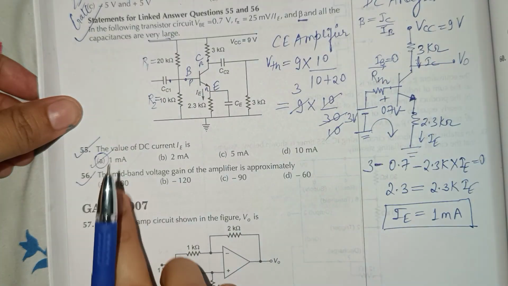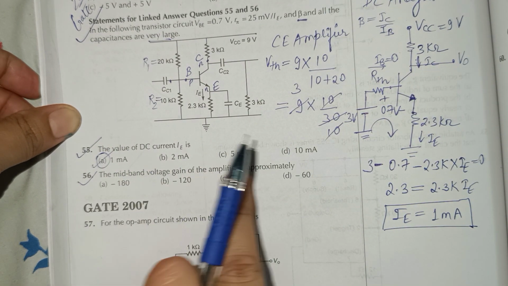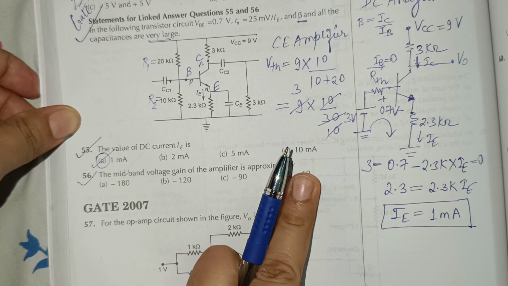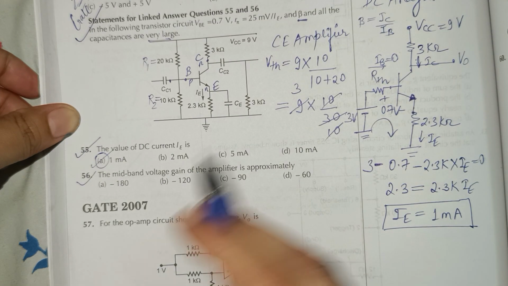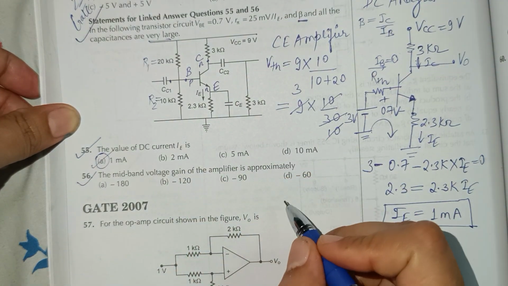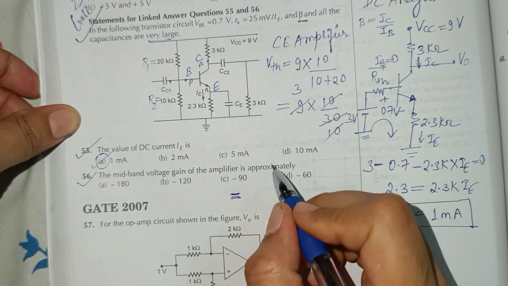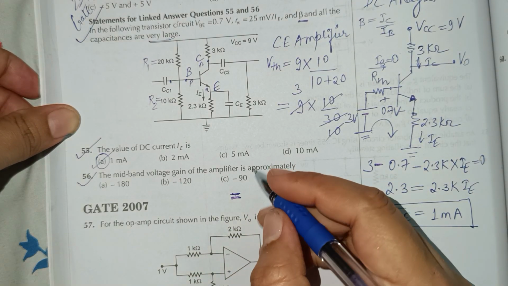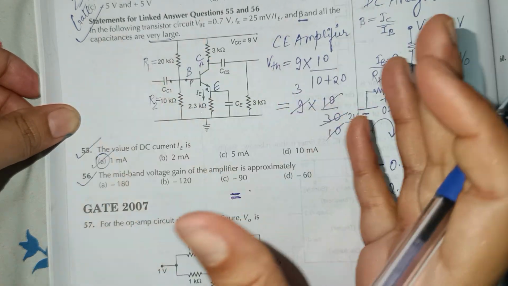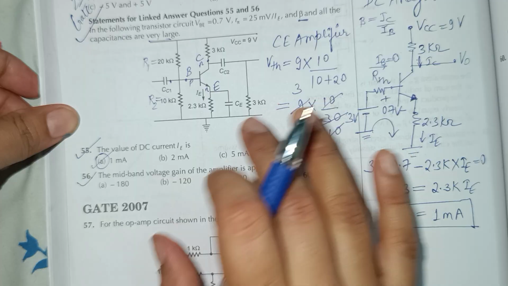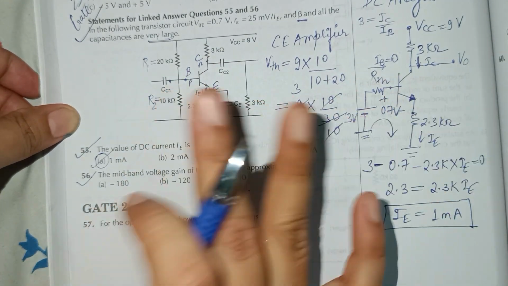Now what about the second part? The second part asks you about the mid-band voltage gain. What is the voltage gain of a common emitter amplifier? You can draw the small signal model, in which case capacitors will be short circuited, but I will tell you a short trick.